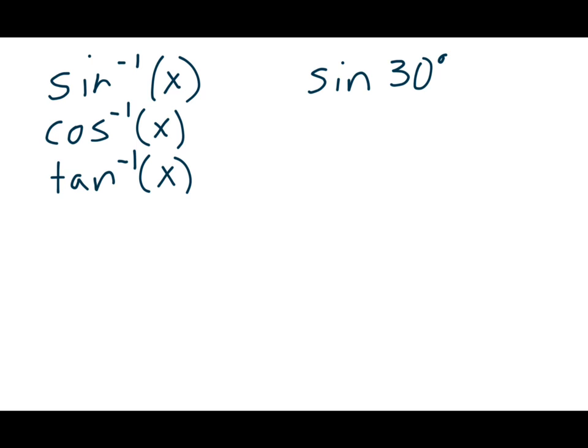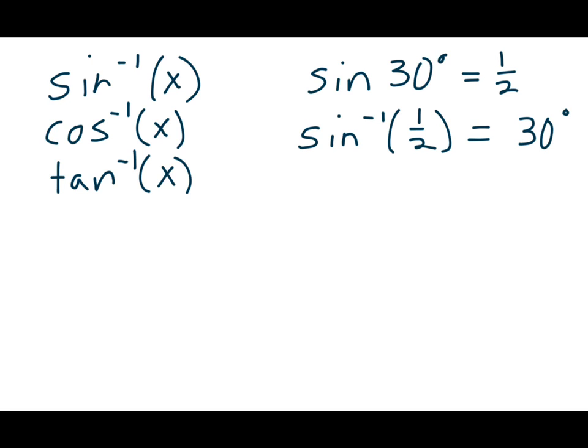Sine of 30 degrees is 1/2. So if we wanted to say what is sine inverse of 1/2, it's asking you what degree angle gives you a sine of 1/2, and it would give you 30 degrees. So it's going to give you the angle back. So you can use this for solving for trig functions as well.